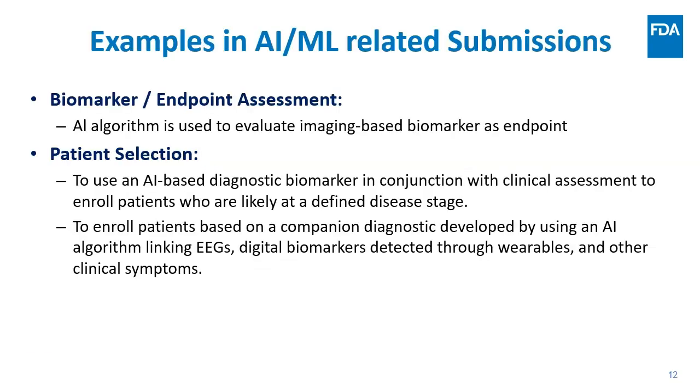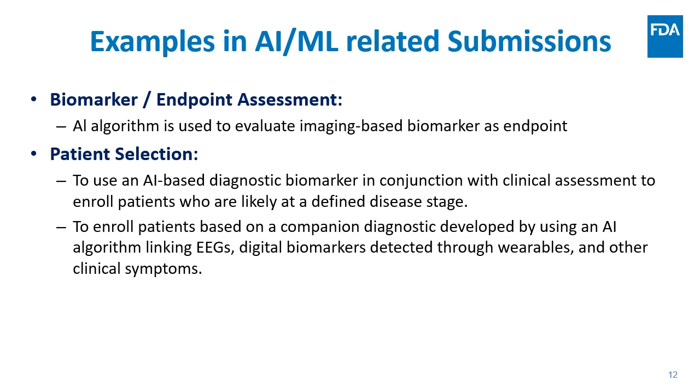The first example is for biomarker and endpoint assessment. In this case, an AI algorithm is used to evaluate medical imaging-based biomarker and seek the application of this biomarker as a potential endpoint for future clinical trials. The second example is for patient selection. In one submission, an AI-based diagnostic biomarker is used in conjunction with clinical assessment to identify patients at a defined disease stage.